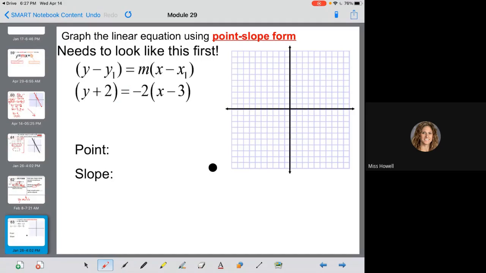All right, so let's look at an example. Example number 1. We have the point slope format, or really close to it, of y plus 2 equals negative 2 times x minus 3. So we want to get this add back to subtract. And the way to do that is undo: keep, change, change.